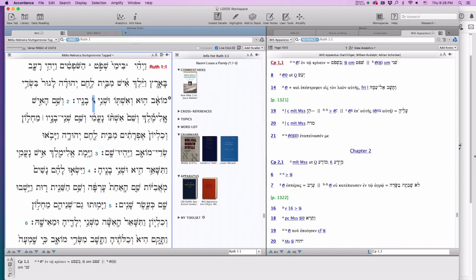Okay, so if we hover over the om over here, it says omitit or omittunt, omitint. Well, that's close enough to the English omit that you can probably guess what's going on.